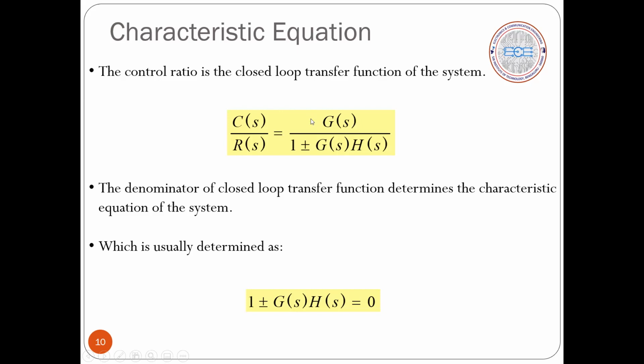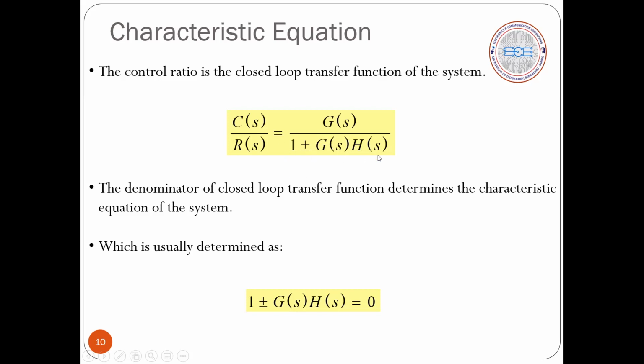That means the roots of the numerator polynomial carry zeros, so the transfer function gets a value 0 at those points. So we don't consider that. The denominator polynomial is the characteristic equation, which gives the complete behavior of the control system. That's why we call it a characteristic equation.